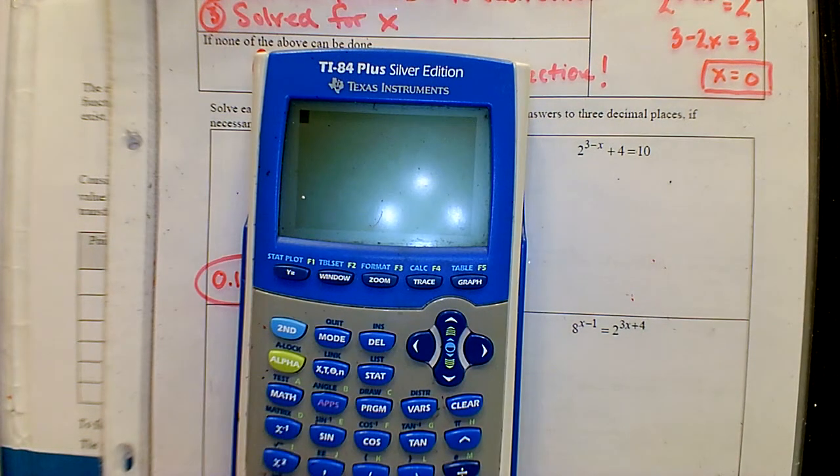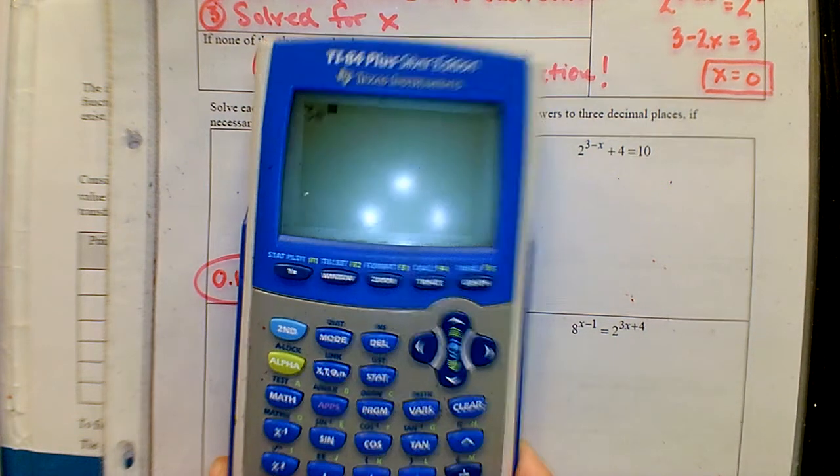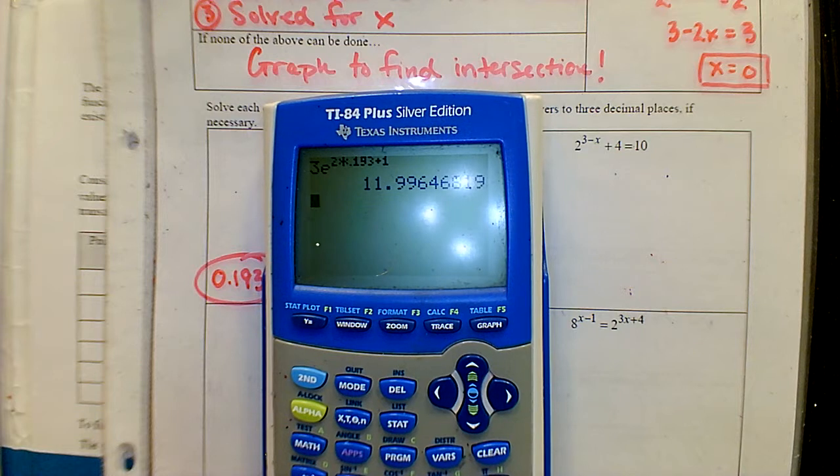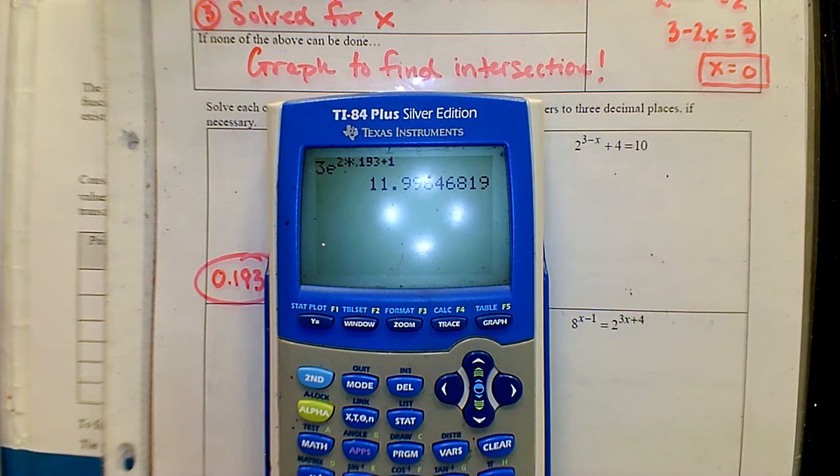So we need to type in 3 times e, and then in the power, we need 2 times 0.193, which was our x solution, and then plus 1 up in the power spot. As soon as we hit enter, hopefully it's something close to 12. I'd say so. All right, so you solved appropriately by hand.